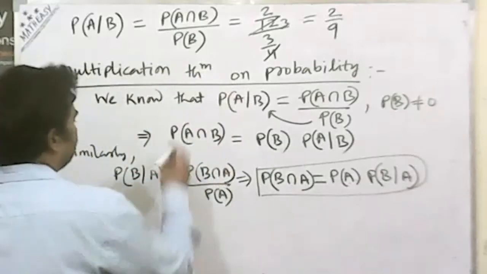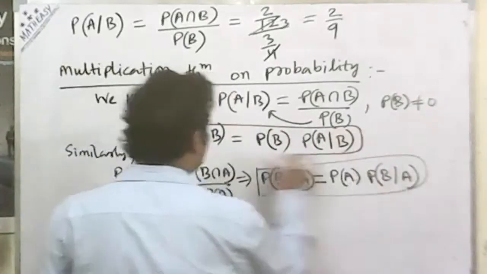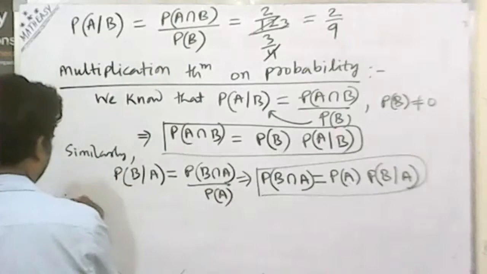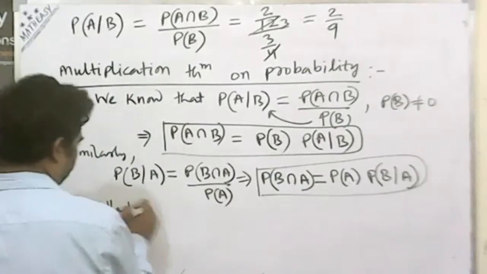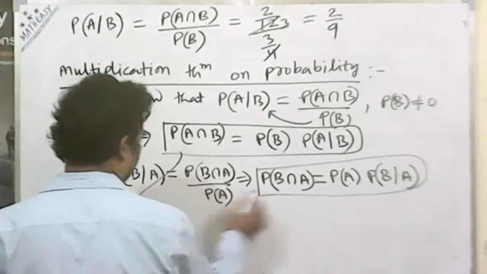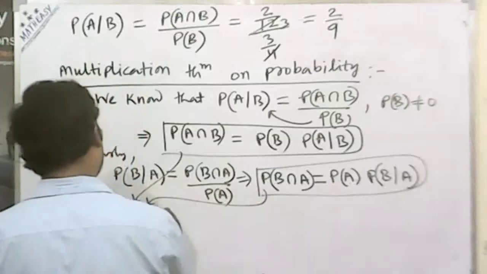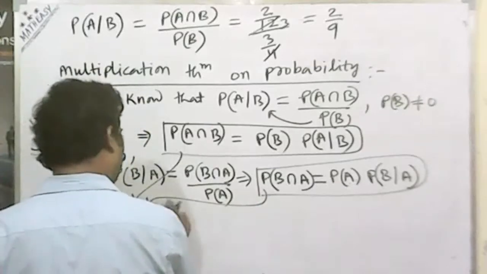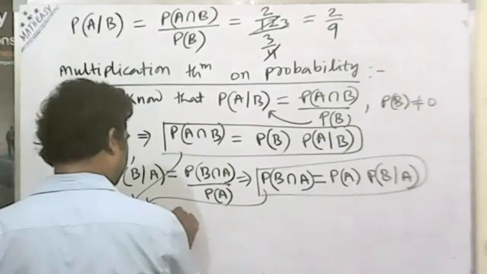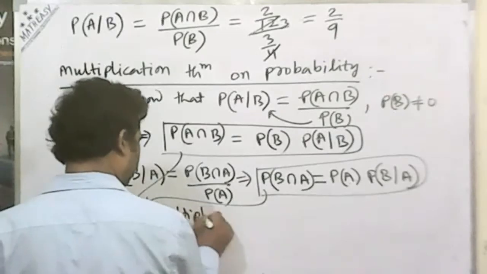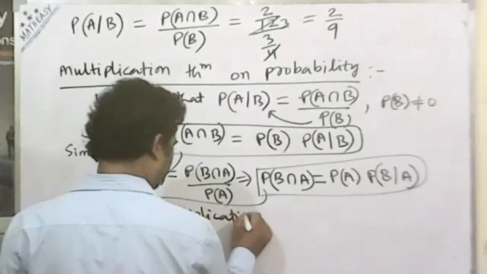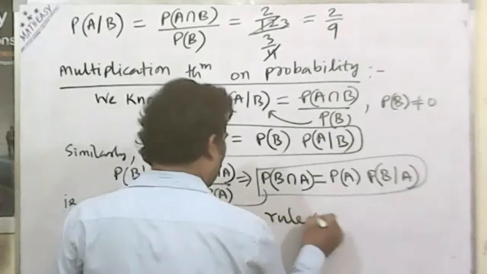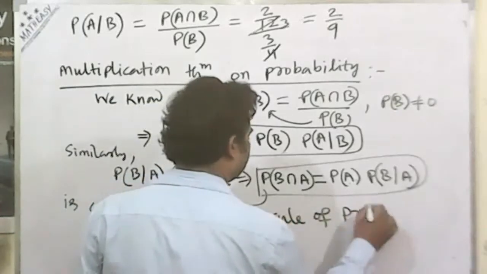So these rules are called the multiplication rule of probability.